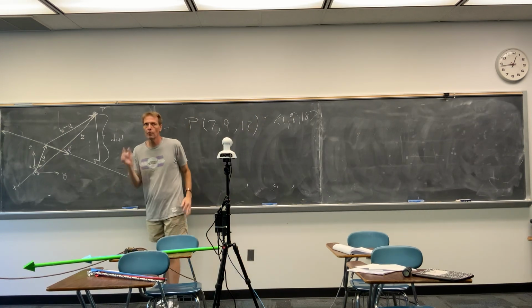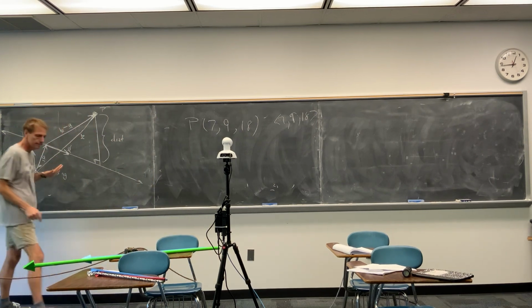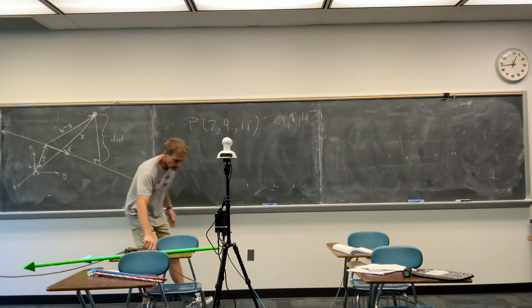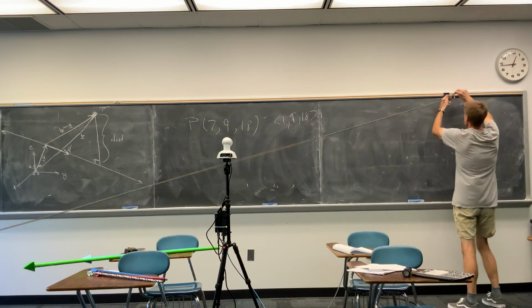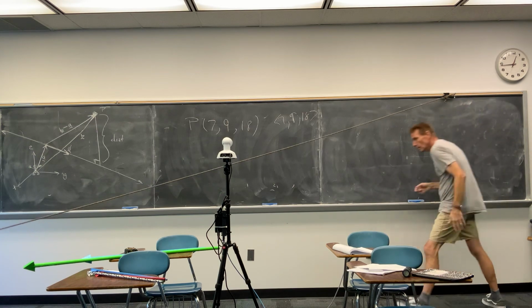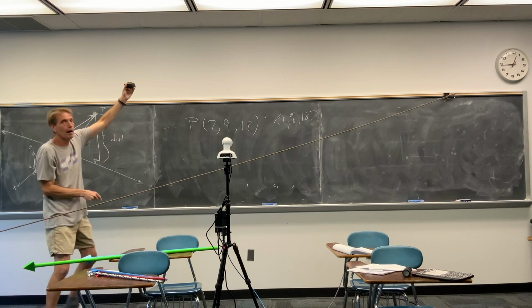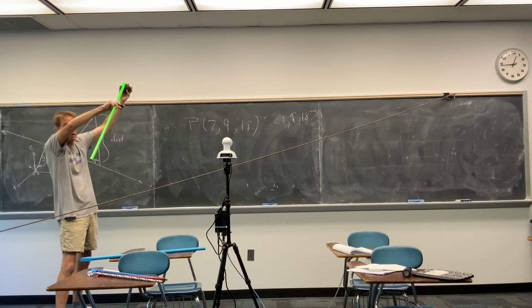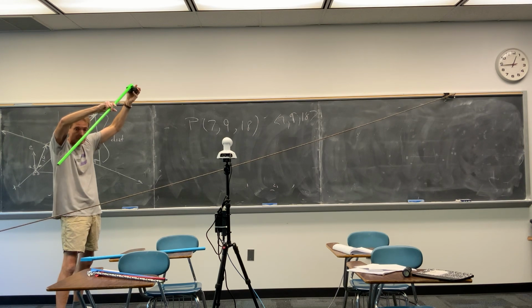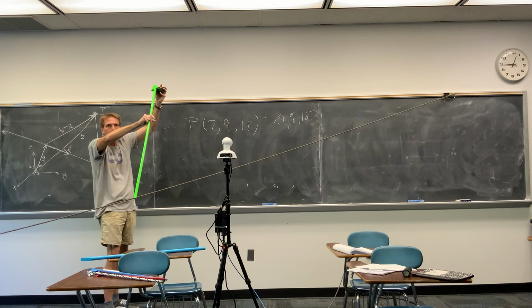Now this is a little hard to see. So I've got this point up here. This B vector is coming like this. It's not intersecting the line that I have here.